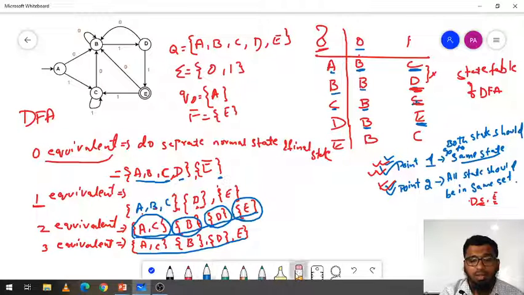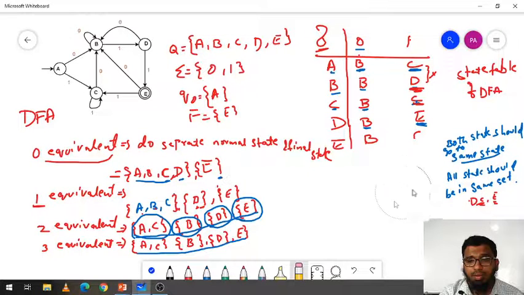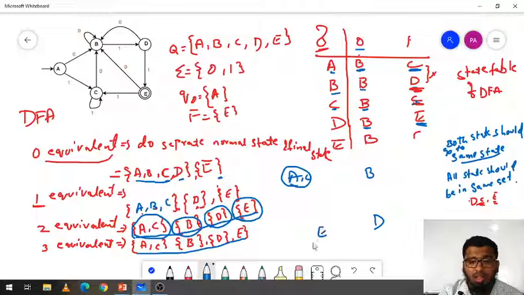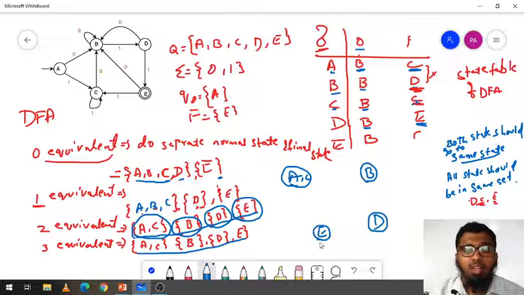I will erase here. Okay, first one is A comma C, B, D and E. Okay, A comma C and B, D, E. So here which one is the initial state? Here initial state is A, and what is the final state?